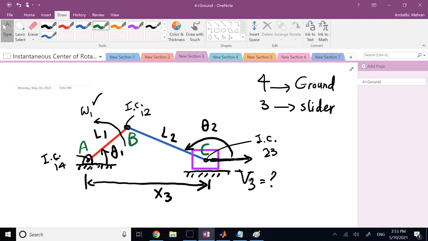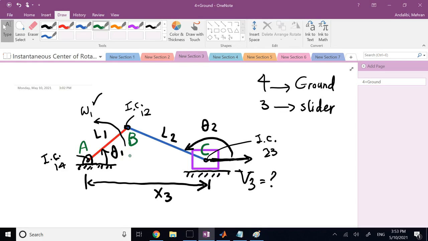But another way is through instantaneous centers. And the one that specifically I am interested in at this point is, you see here, that's member 2. If I can find 2 with respect to 4, 2 with respect to the ground, that makes my life a lot easier, because then instead of 2, the conrod, having general motion, I can say it has pure rotation about an instantaneously fixed point.